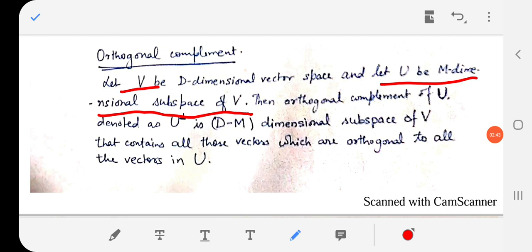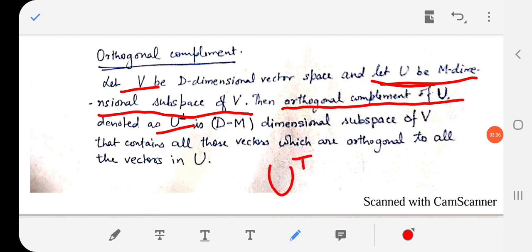So let us suppose that we have a d-dimensional vector space V, and an m-dimensional subspace of V is U. So we are talking about an orthogonal complement of U denoted by U orthogonal.